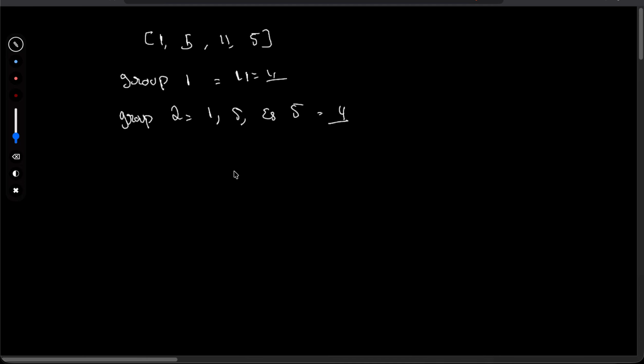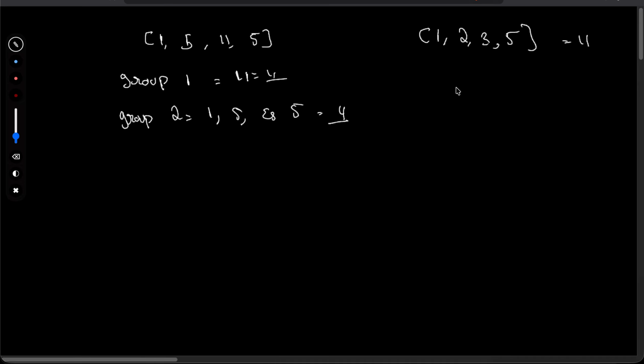Let's take another example. Now consider we have numbers like this: 1, 2, 3, 5. The total sum of all numbers is 11.